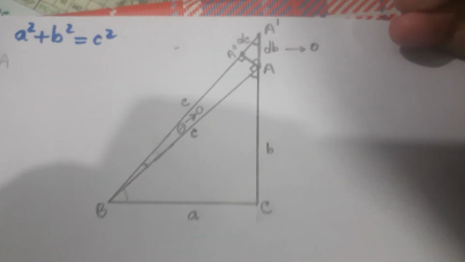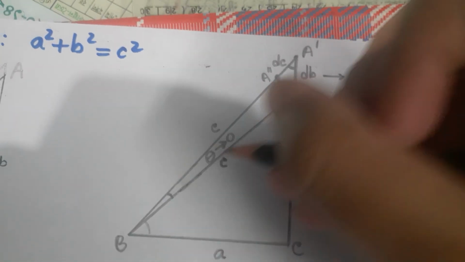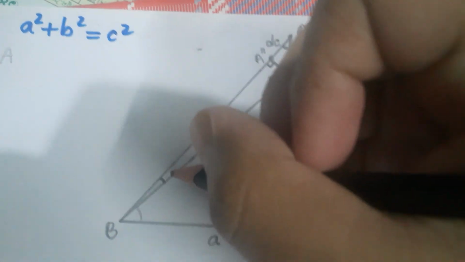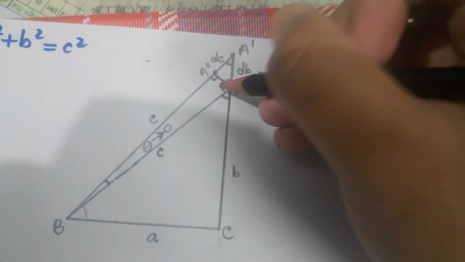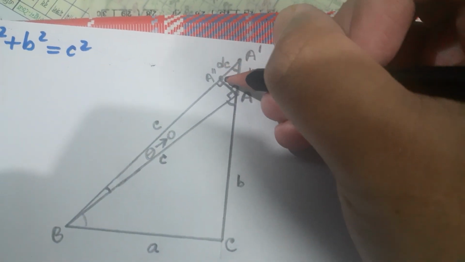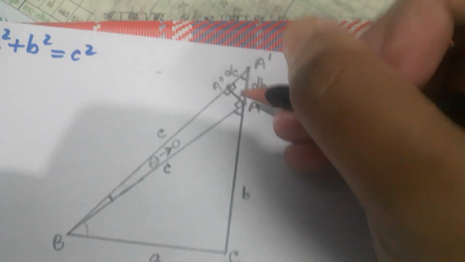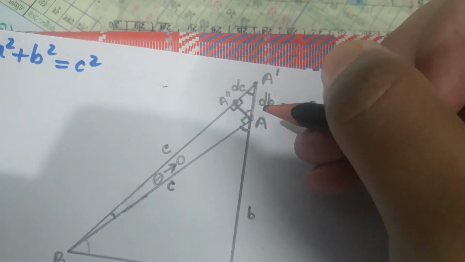So what I am trying to say is that as this angle theta here tends to be 0, the angle A dash dash and A both are 90 degrees. If A dash dash is 90 degrees, then this angle here is 90 degrees also, and this angle and this angle are the same. Why?